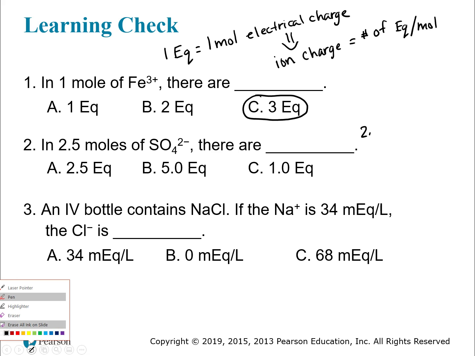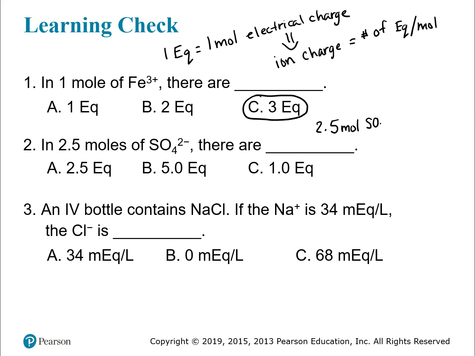So we're starting with 2.5 moles of sulfate ions. And we need to figure out what kind of a conversion factor to use for this.